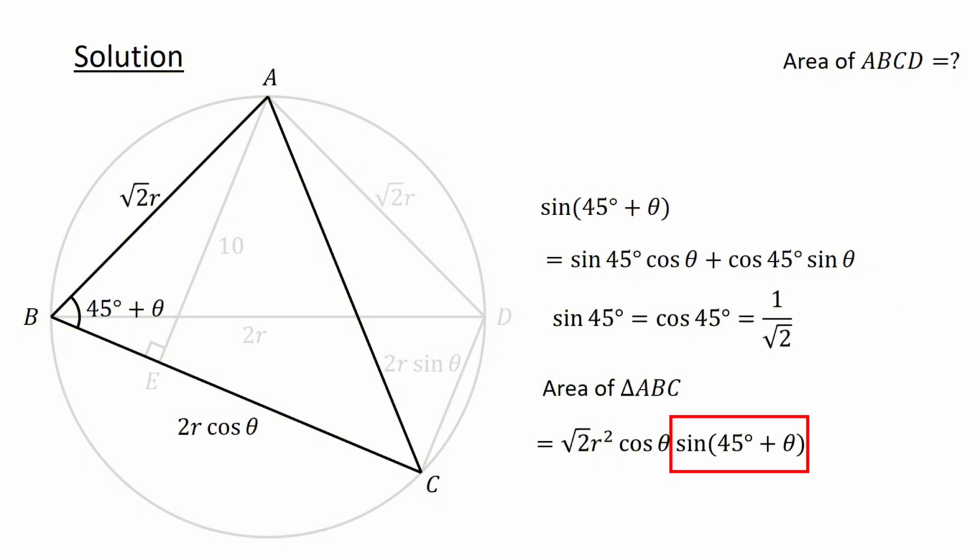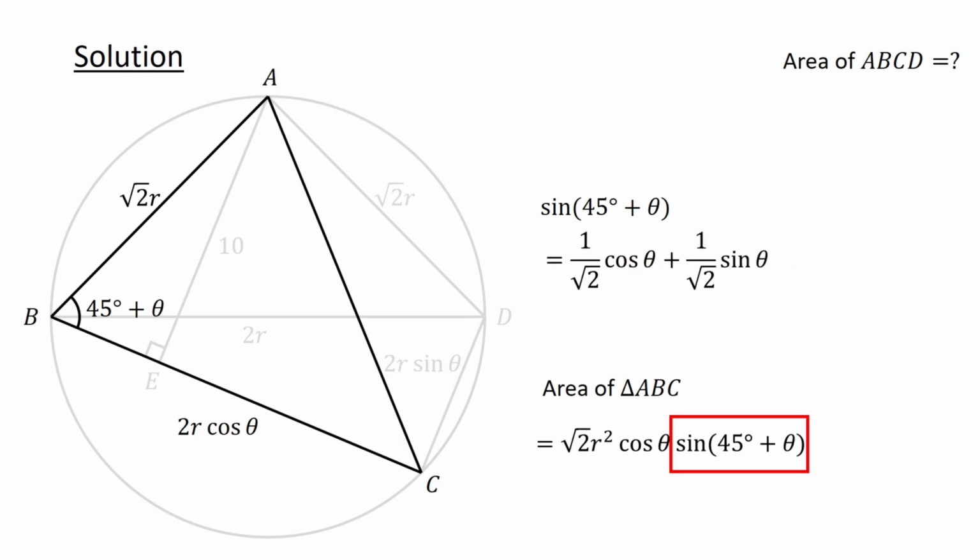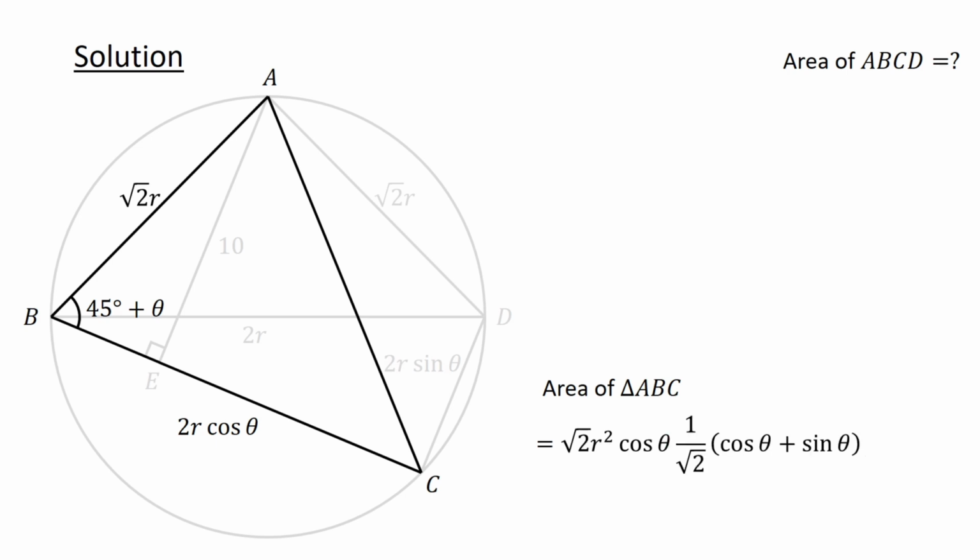Therefore, our expression becomes 1 over square root 2 cosine theta plus 1 over square root 2 sine theta, or 1 over square root 2 times (cosine theta plus sine theta). Substituting this into our expression for the area, square root 2 cancels out, so we obtain r squared cosine theta times (cosine theta plus sine theta).